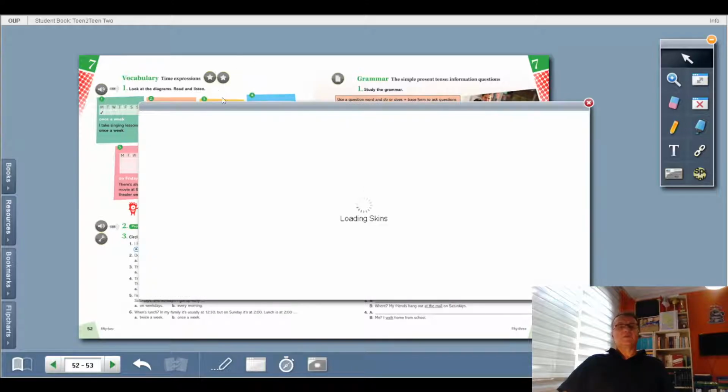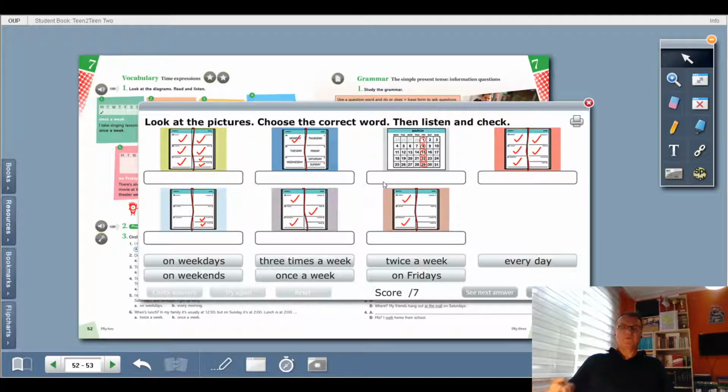Now let's come to the other activity for the vocabulary. Look at the pictures, choose the correct word, then listen and check. Just check which one can be. For example, for this picture, which one?